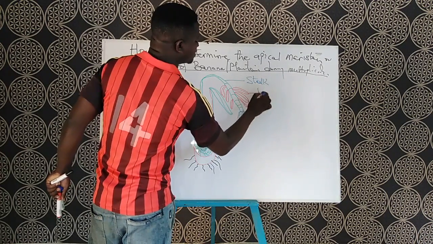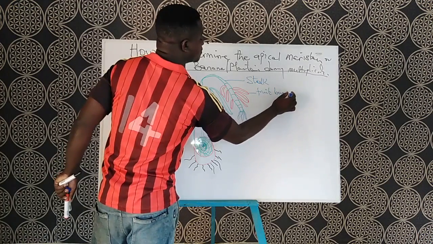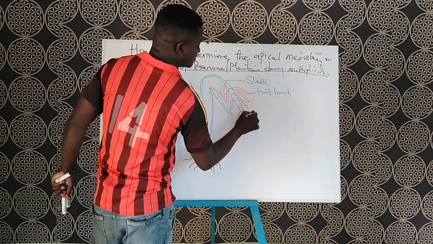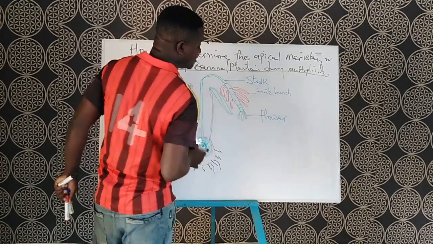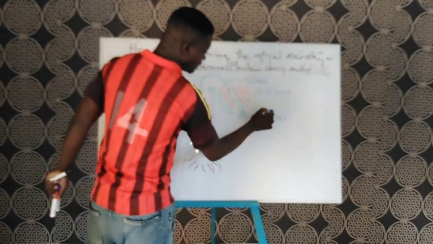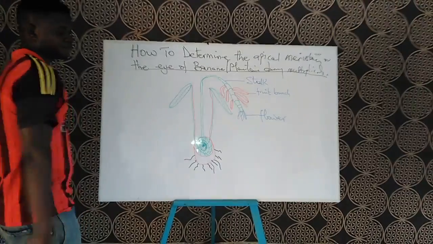This is the fruit bunch, the fruit. This is the flower. At the growth level, when it reaches maturity, this flower will fall off.